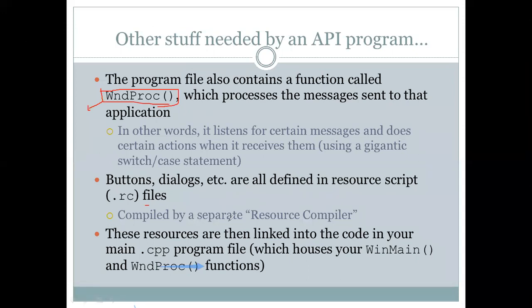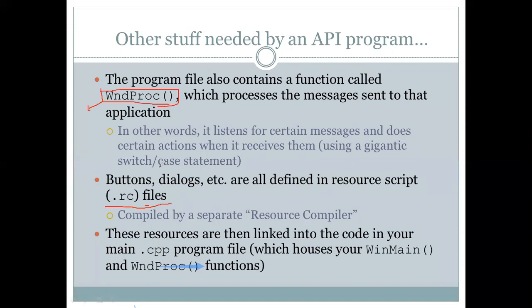Apart from that, there are certain buttons and dialog boxes defined in a resource script. We have a file called the .rc file, which is called the resource script file. What is the benefit of the resource script file?